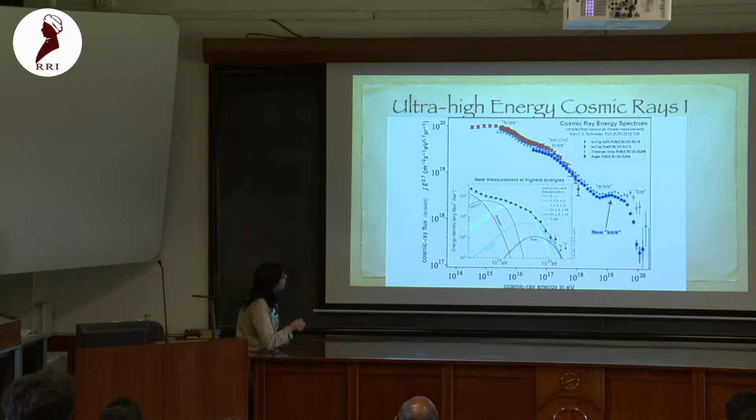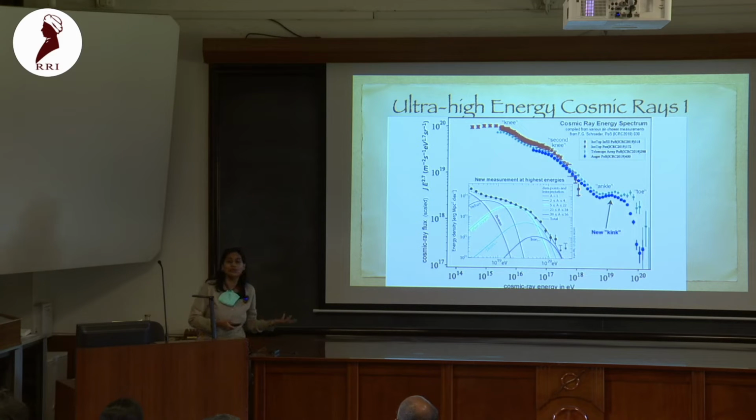Now the composition of cosmic rays and the slope of the spectrum change with energy. These are charged particles, so they don't maintain any directionality. You cannot probe them directly, so you have to understand where they came from. The only way is to use neutrino or gamma ray astronomy to figure out from where they came.